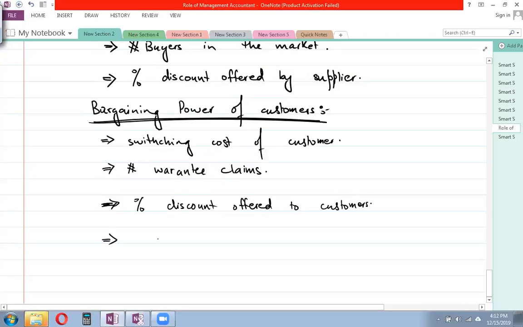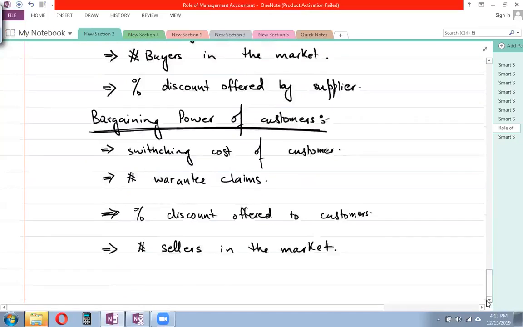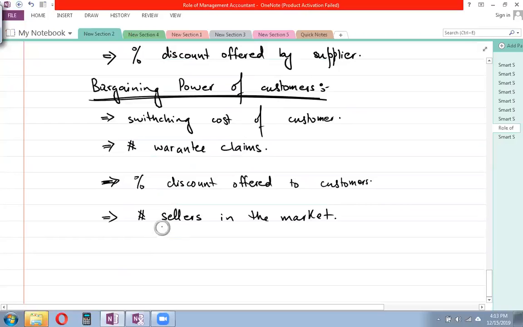And you can also say the number of sellers in the market. So the number of suppliers that you were actually talking about, the number of sellers in the market, like how many people are actually selling in the market, right? So if you increase the price, of course, your customer will buy from your competitors, or you can say the number of competitors in the market, right?